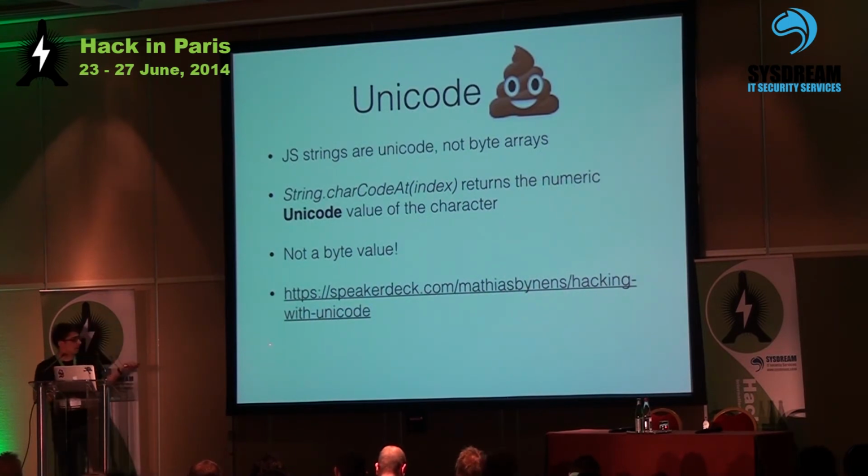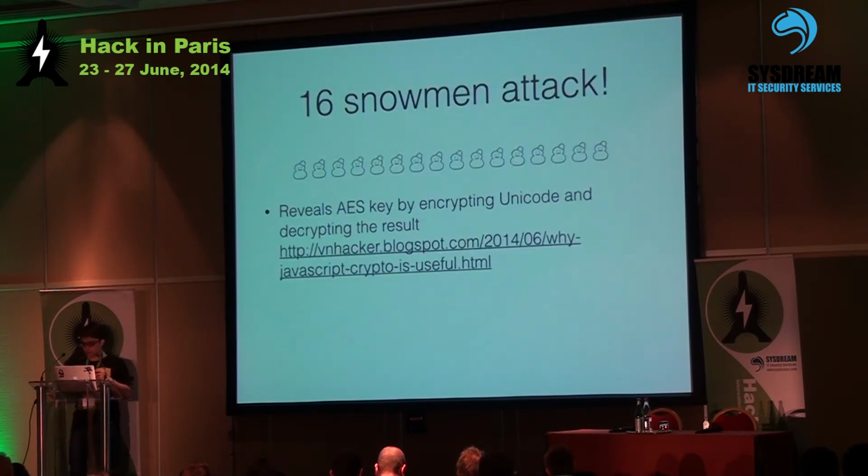This is what I consider the best presentation on this subject. But it doesn't matter to crypto? Yeah, it does. You can combine the two facts and do something called a 16-stone attack. This is obviously some Unicode code point as well. This is an attack discovered by Daniel Bleichenbacher, and it's an attack against an AES library written in JavaScript, obviously.